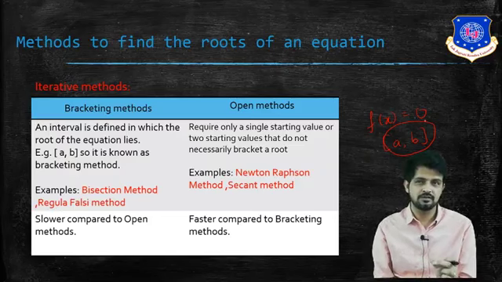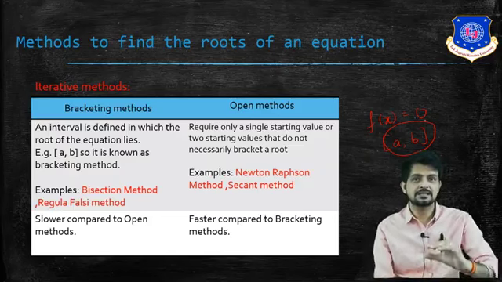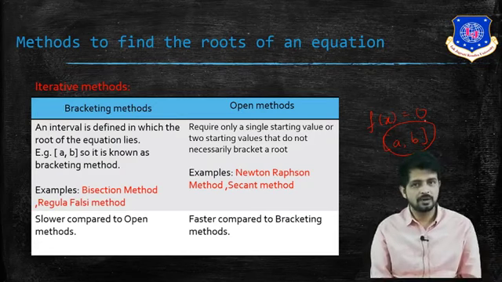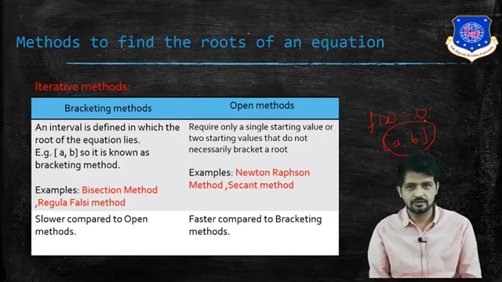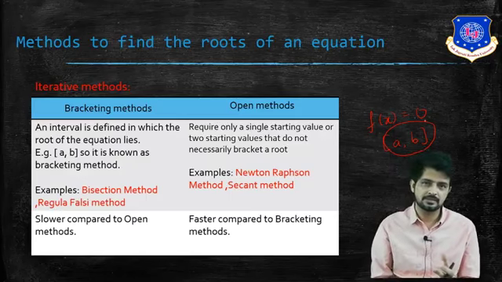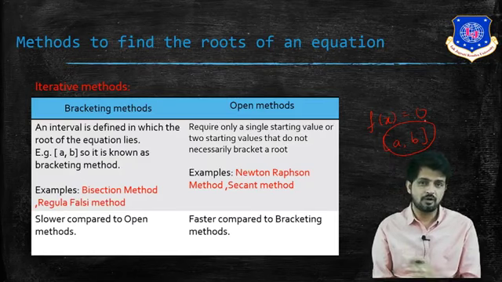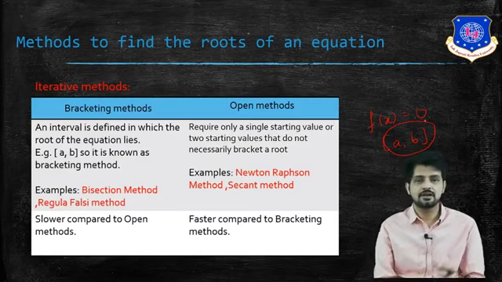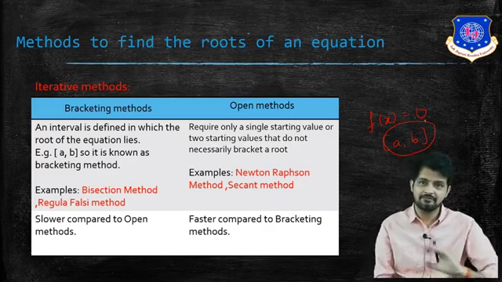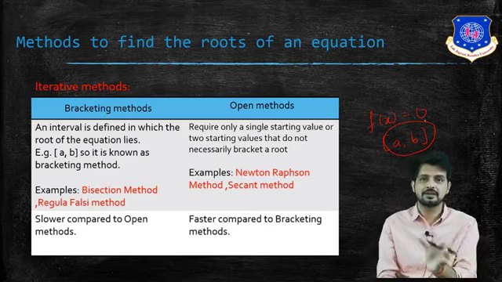The root will be obtained after many steps. While in open methods, we will get the roots of the equation within 2 to 3 steps, right? So we can say open methods are faster than the bracketing methods. So this was about the difference between the bracketing and the open methods. You have also got which methods are bracketing and which are open, and why they are bracketing and why they are open is also very clear with the help of this.